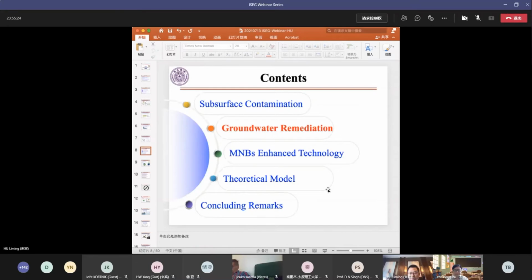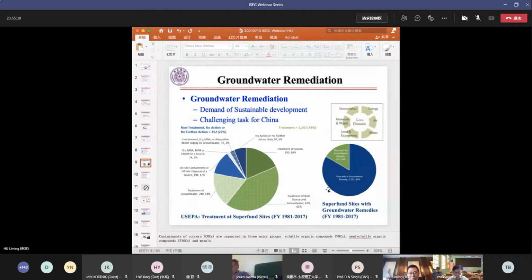So the groundwater is contaminated, and we need to clean up the groundwater to keep sustainable development. It's a very, very challenging task for China.